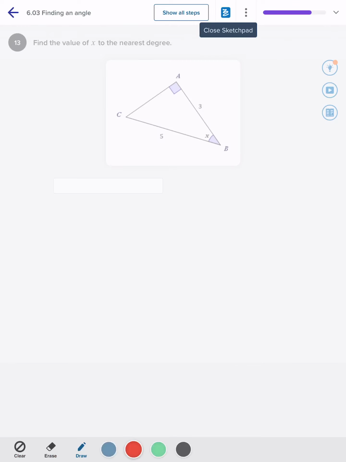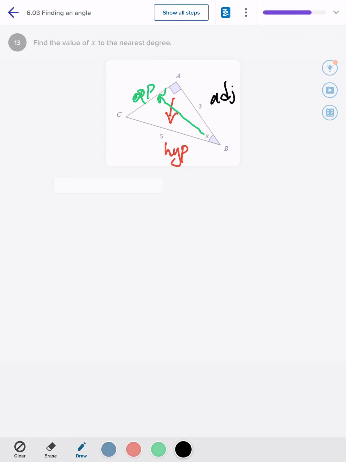Again, the first thing is to label the sides of our right angle triangle. Opposite to the 90-degree angle is the hypotenuse. Opposite to my unknown angle is the opposite side. And we are left with the adjacent side.